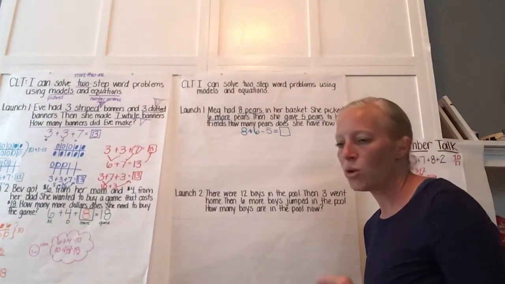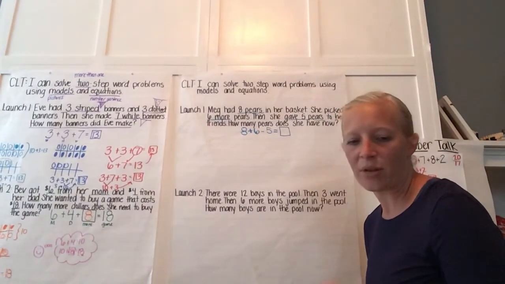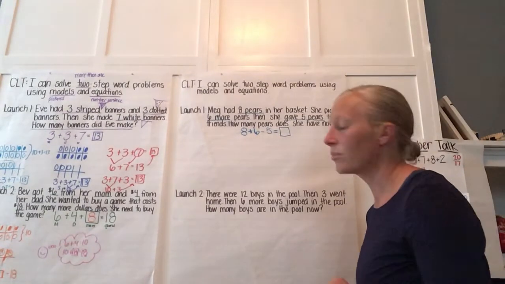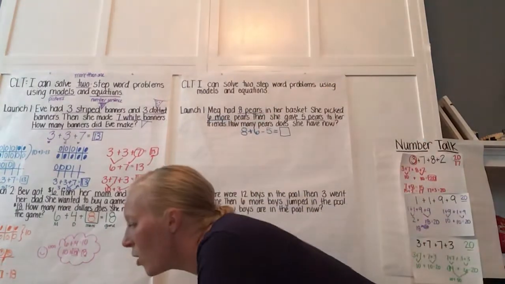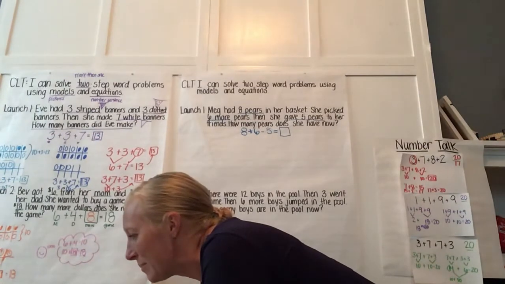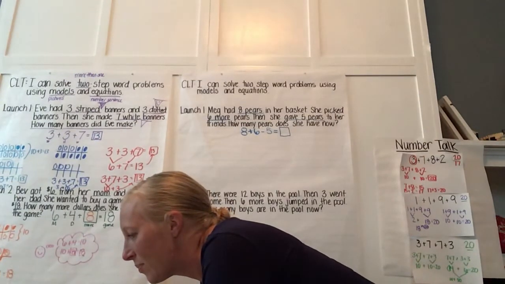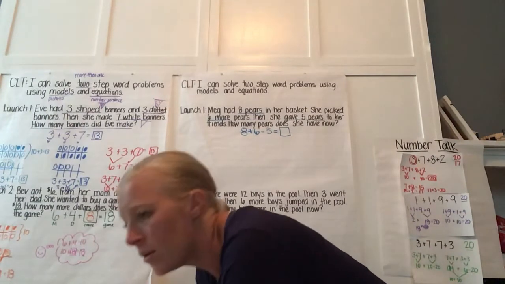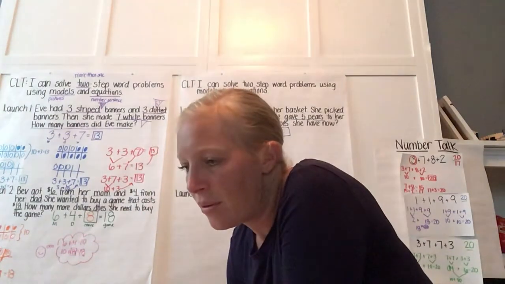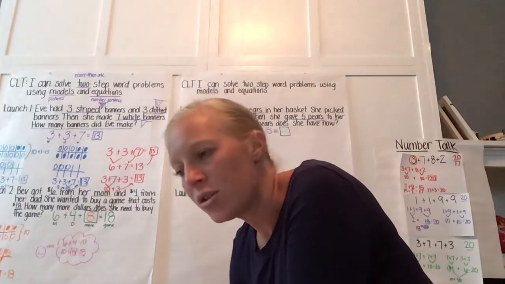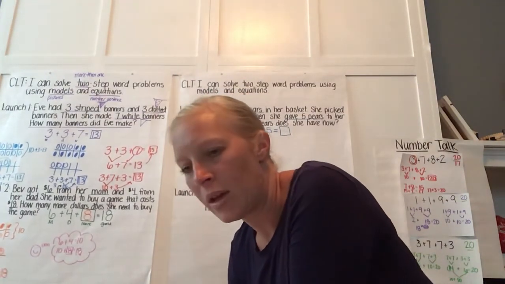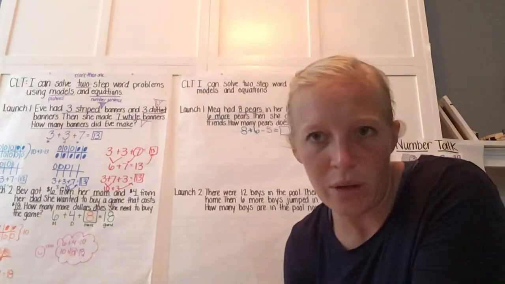Remember, those tools might be helpful. Don't forget to pull out those counters or those cubes to help you if you need help. What did you do first? And what are you going to do next? Okay. What was your first step? Interesting. And then what did you do? Right? How does your picture show this work?